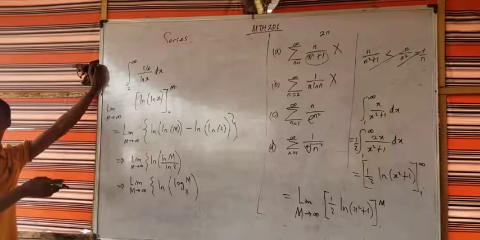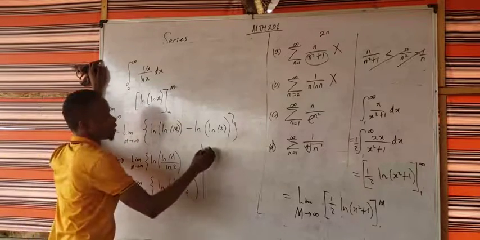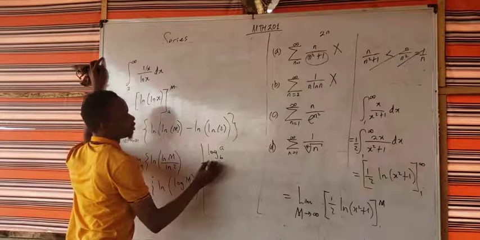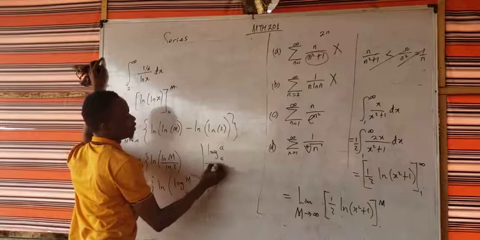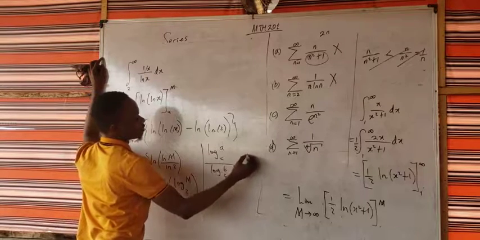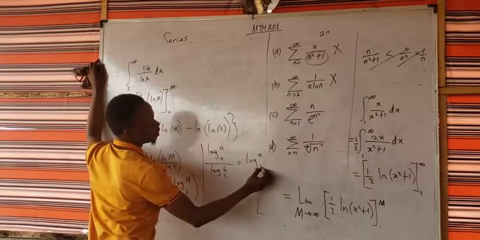Have you seen something like this before? We will see the rules of logarithm now. If you have log a to base c, divided by log b to base c, you can simply put it as log a to base b.